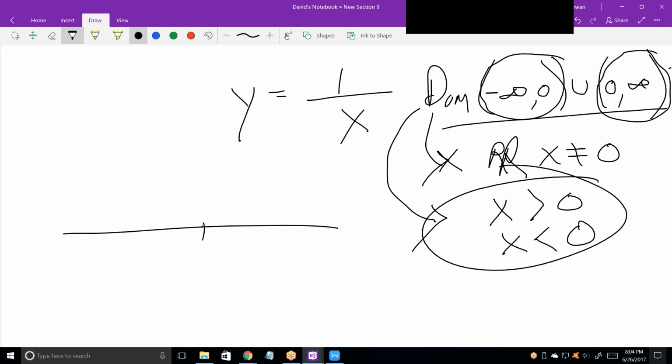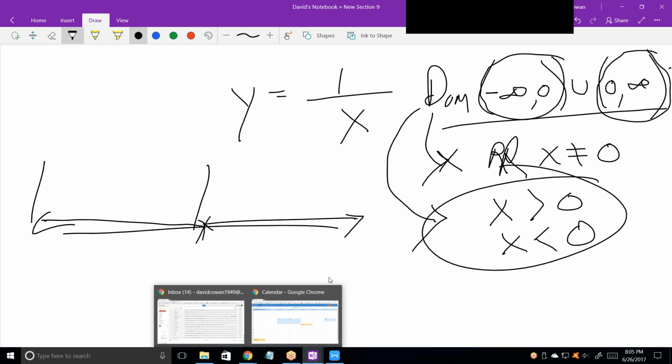I mean, x can be any number in that direction, and it can be any number in that direction. The only thing it can't be is right there. So you have a union of that interval, u of this interval. That's what the u means.